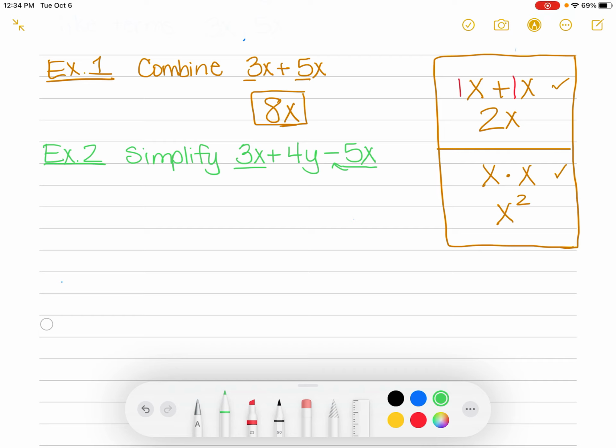The 4y will stay by itself because it doesn't have a like term to add to it. So when I put 3x minus 5x, or you could say 3 plus negative 5, right? That's going to give me negative 2x. And that is simplifying that expression.